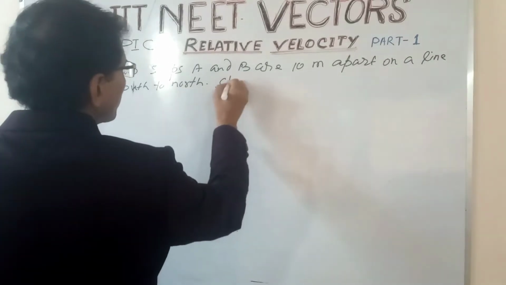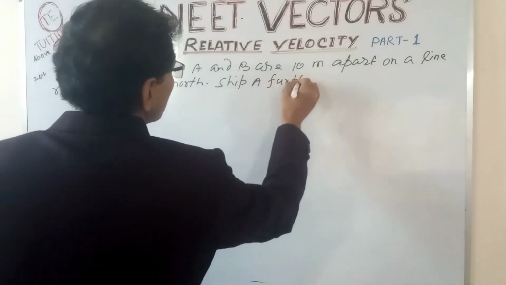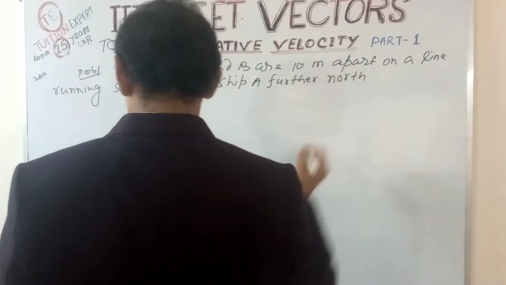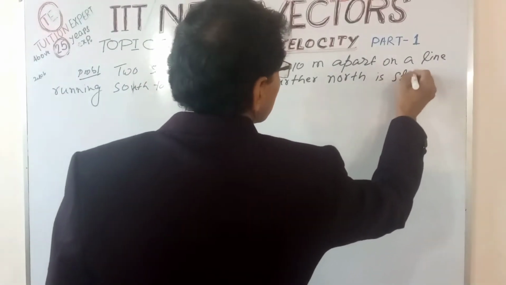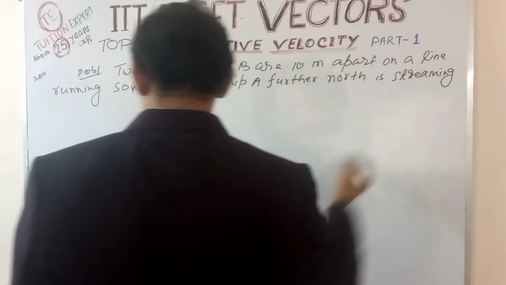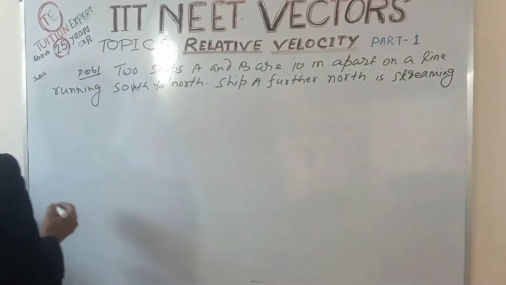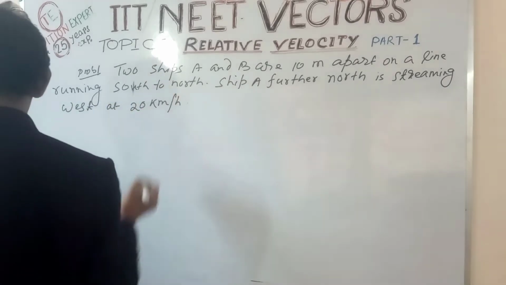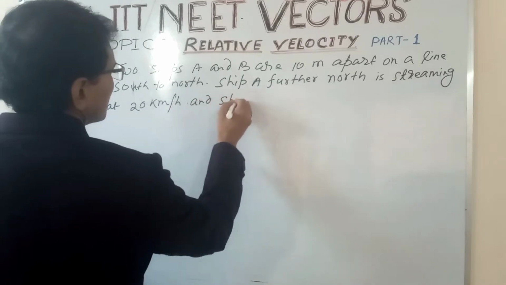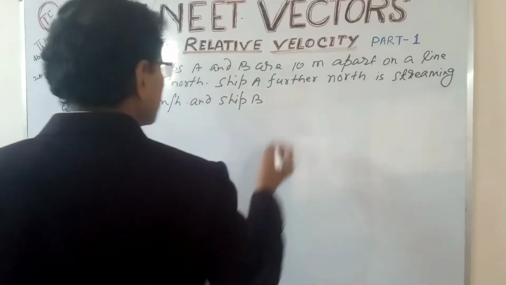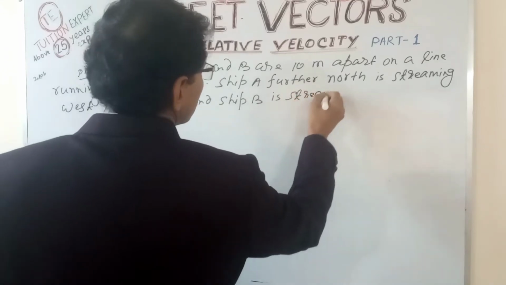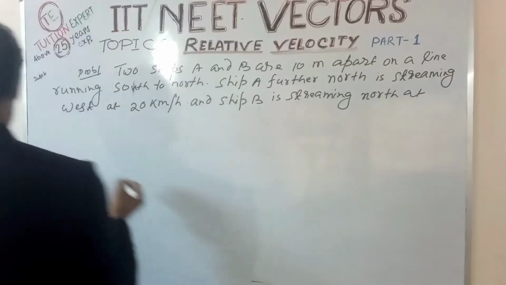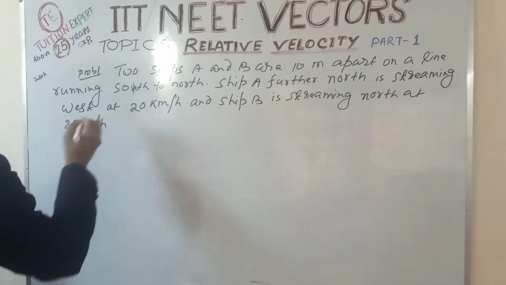Ship A, further north, is steaming west at 20 km/h, and ship B is steaming north at 20 km/h.